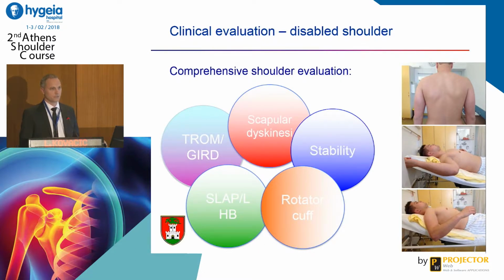So it is very important that in clinical evaluation of the disabled shoulder, we make a comprehensive shoulder evaluation with evaluation of the range of motion, scapular dyskinesia, and so on, which was very well described already before by Berthe.